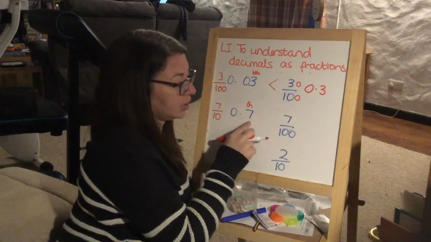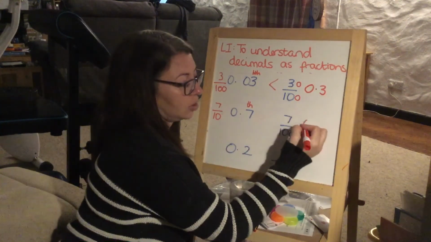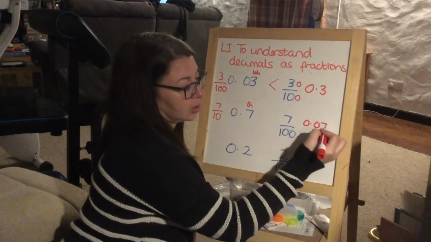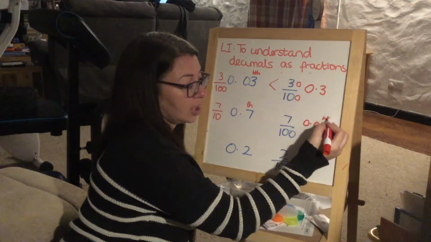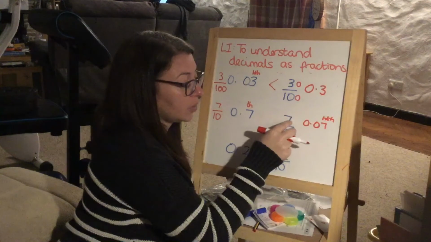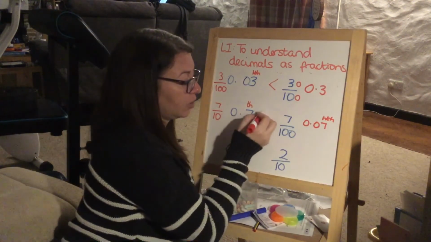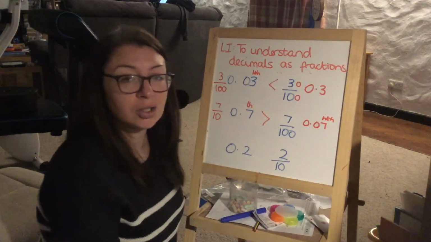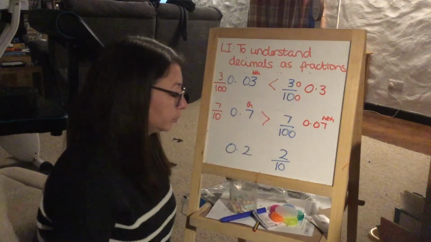So if we have 7/10 here, here we have 7 out of 100. So if we have 7/100ths, that means that it is in the hundredths column. Okay, there's nothing in the tenths column because we don't have any tens here. So because that is 7/100ths and that is 7/10, the tenths are bigger than the hundredths. They are closer to the decimal point, which means they are bigger.